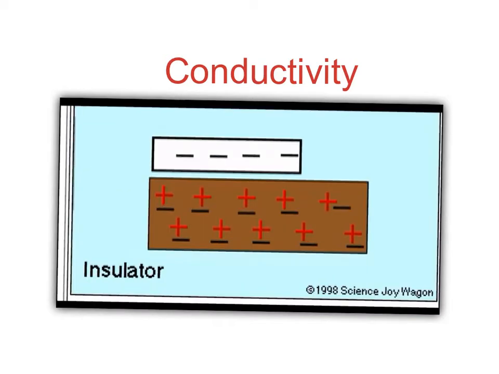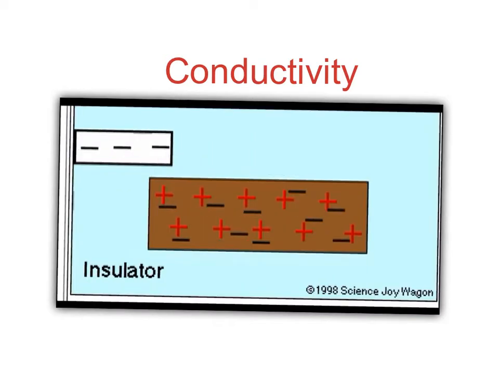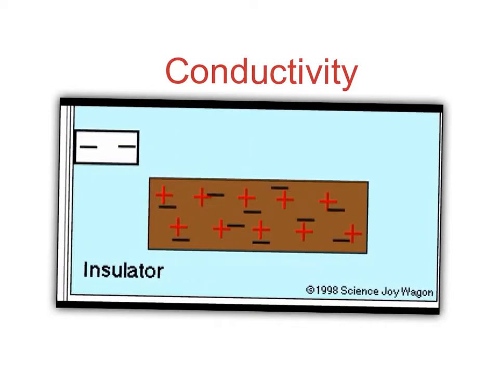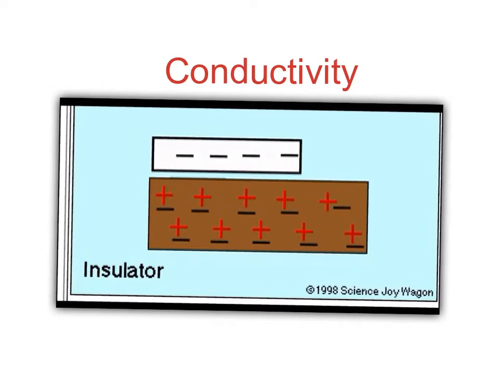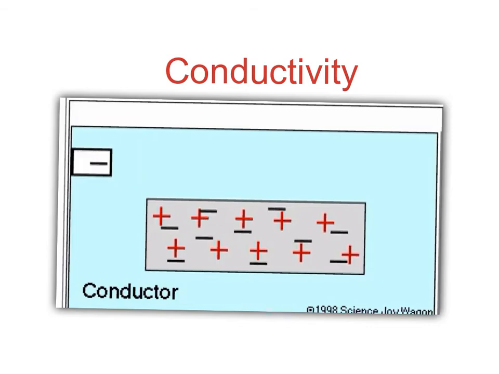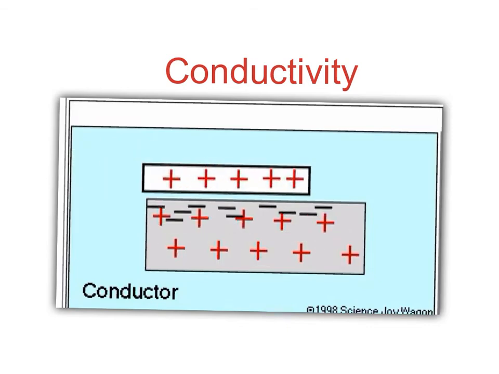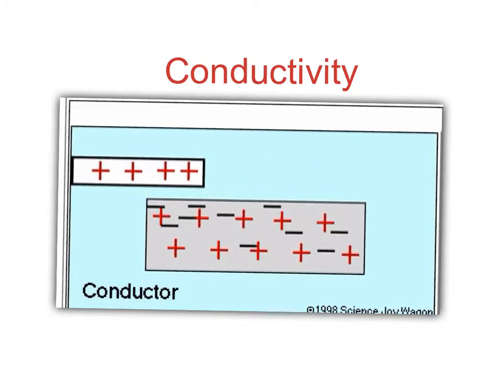If I have an insulator, the electrons move, but they stay within their atom. They don't move further than their own particular radius. So in both cases, electrons are moving, but in the case of a conductor, those electrons will move right away from their own atom.